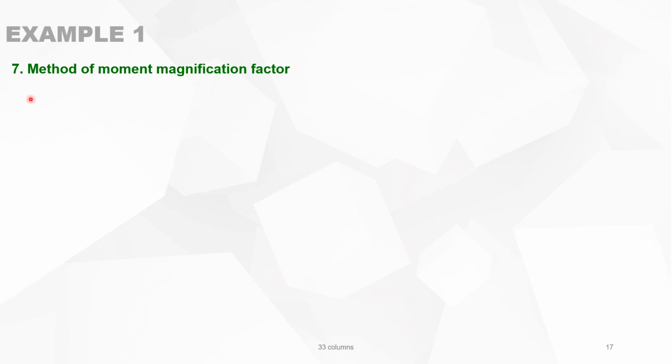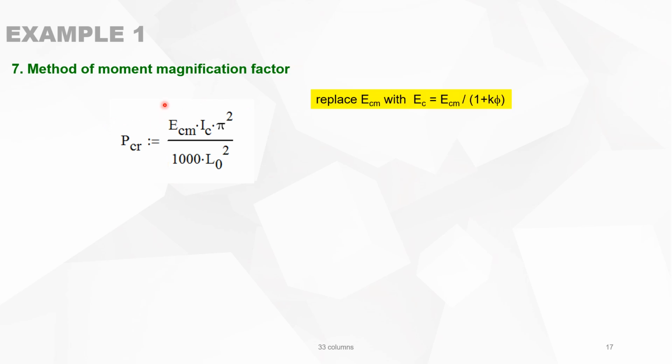We can also use the method of moment magnification factor. That's the second method, which is much easier and much faster. The critical load is equal to this amount. We replace Ecm by Ec equals Ecm divided by 1 plus K times phi, just to take into account the creep of the column.